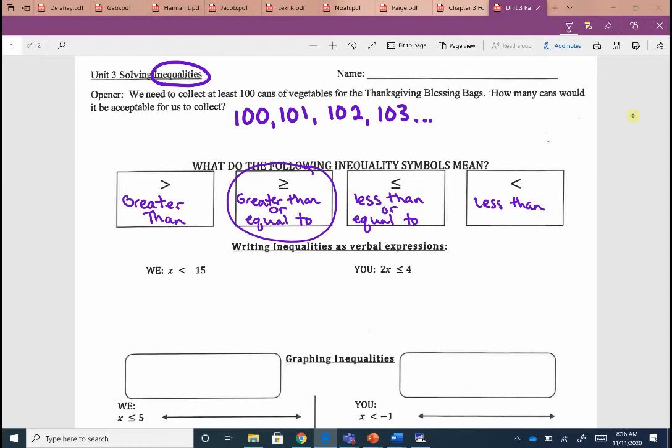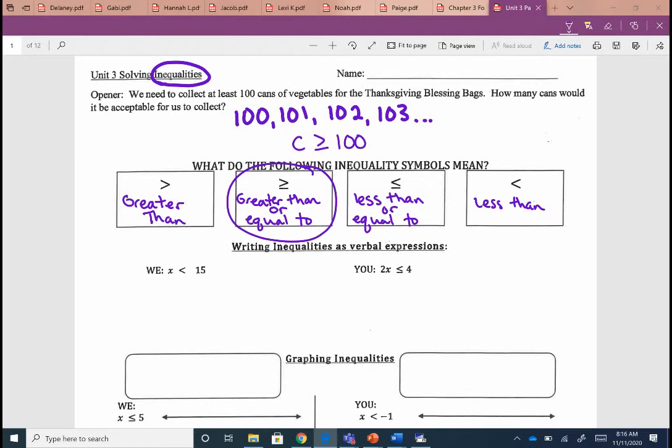So our cans, I'm going to put C for cans, could be greater than or equal to 100. Again, what we're going to be looking at in this unit are those types of situations where just one number isn't going to do it for us.